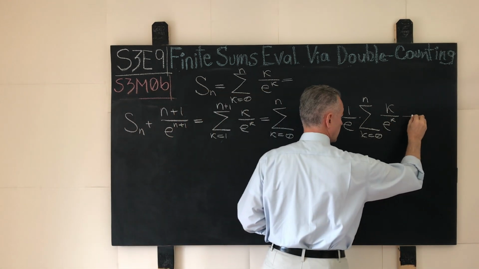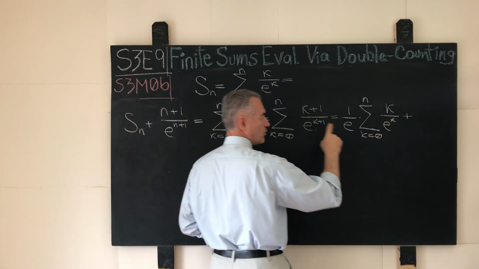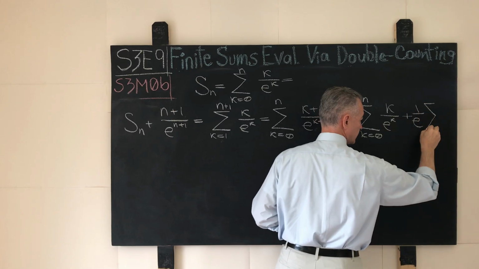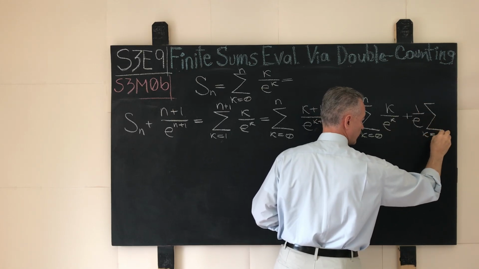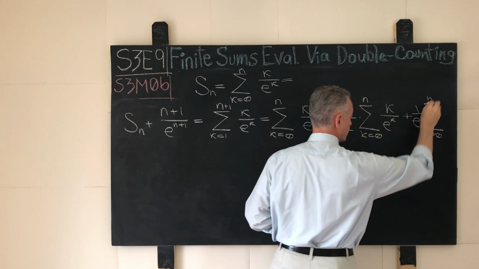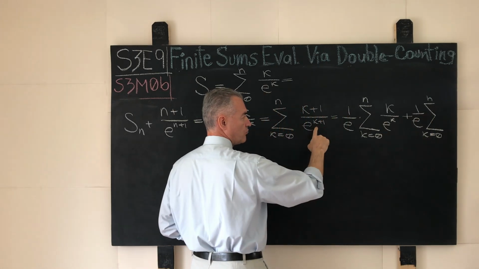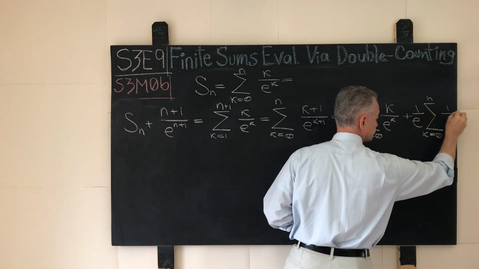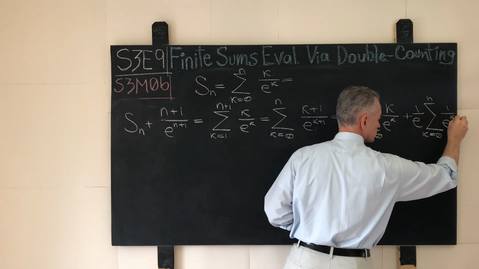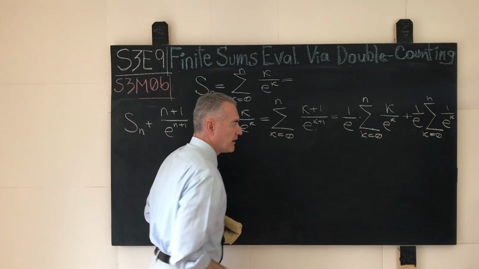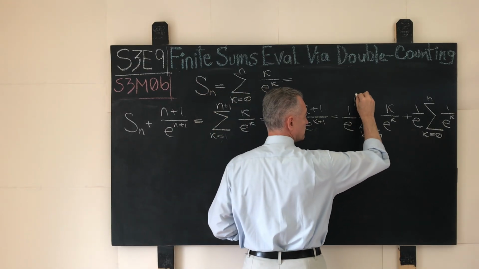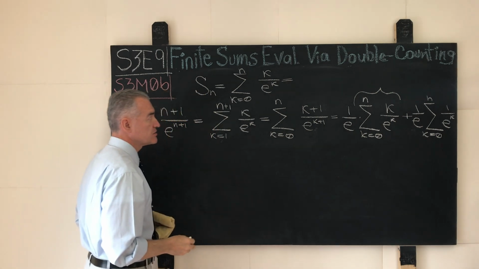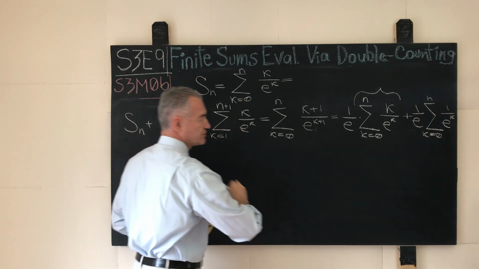Plus, again, the same one copy of e can be factored out. And what do we have here? The sum over k varying from 0 to n of 1 over e to the power of k. Now we go back and look: what is this guy? Well, it doesn't take much effort to see this is precisely our sum, S_n.